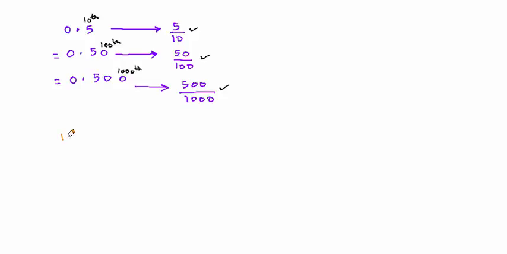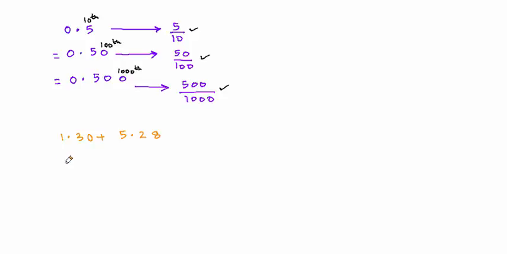Let's say we want to add the decimal numbers 1.3 and 5.28. As we see over here, there are two digits after the decimal point in this number, but there's only one digit in the other. So our first step is to add a 0 so that they both have the same number of digits after the decimal point.